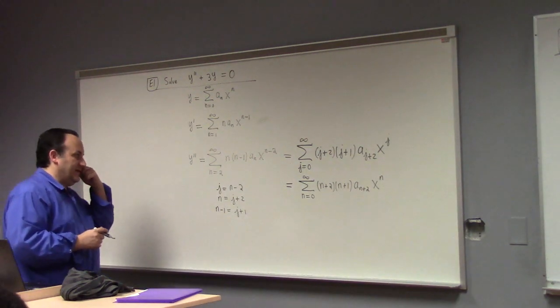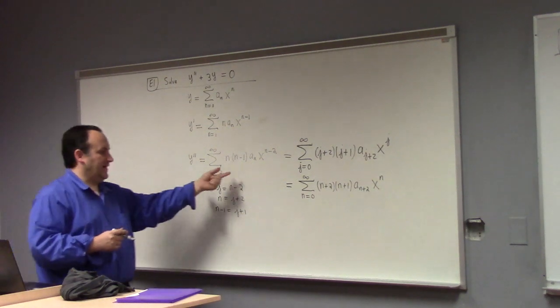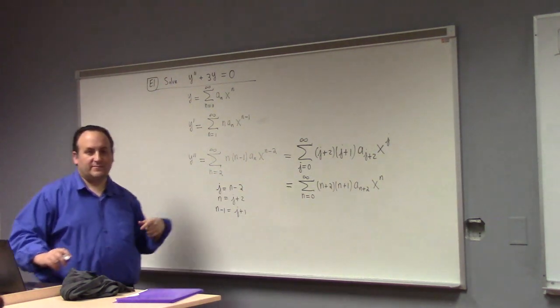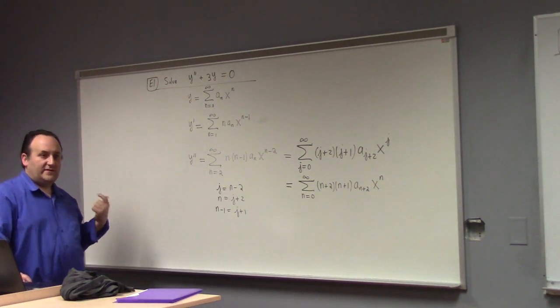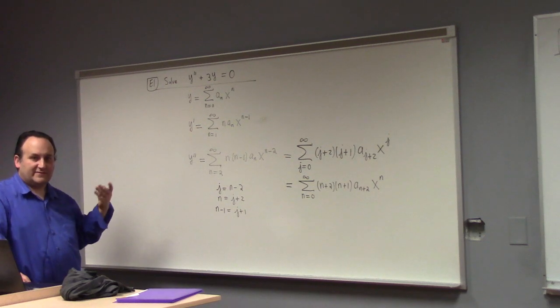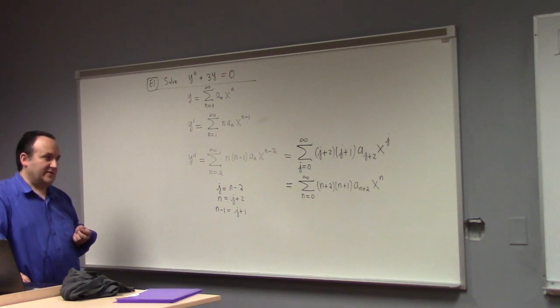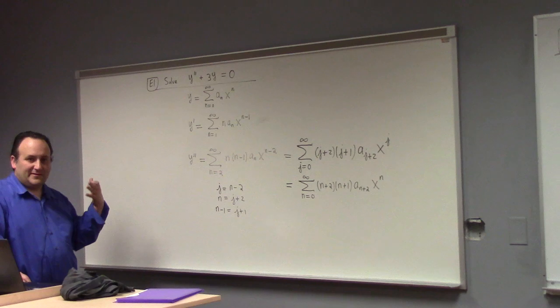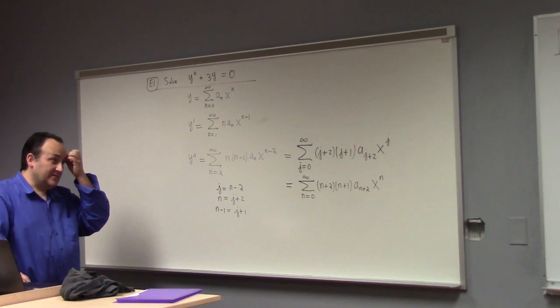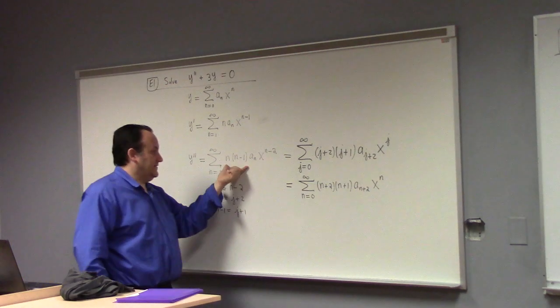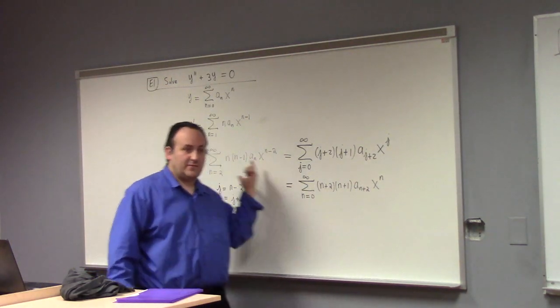So you say, well, wait a minute, it looked like this with n. Why can it look like that with n? Well, understand that n and j are just dummy indices of summation. In other words, it's not about the letter, it's about the structure. There's a different pattern with this n versus that n, and these are equal.